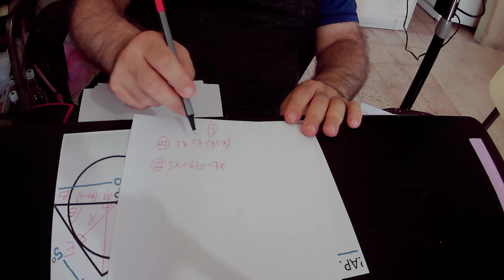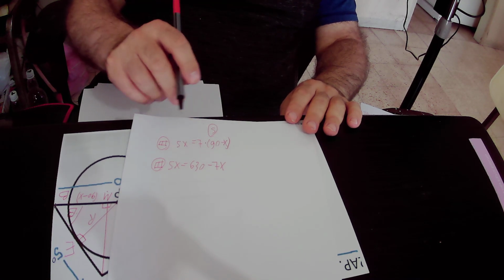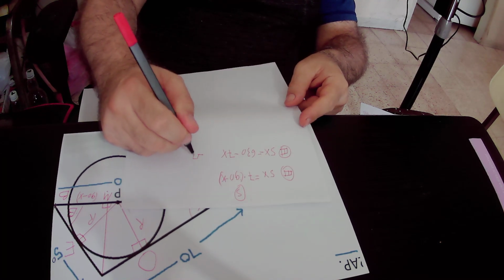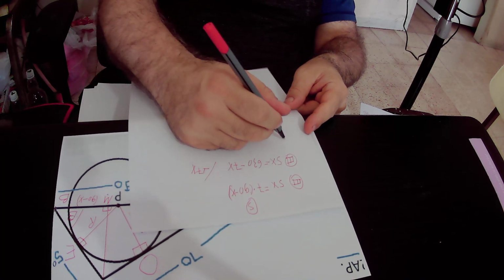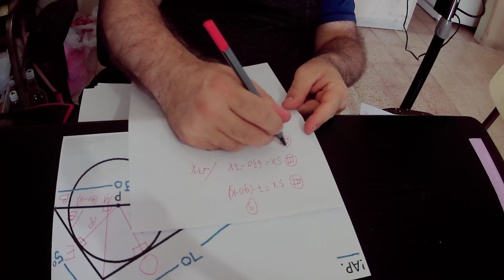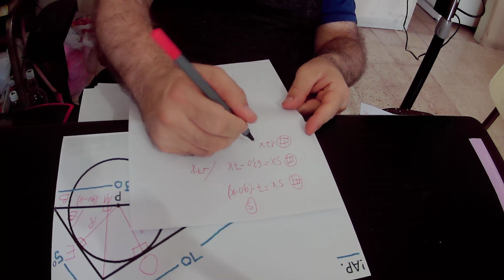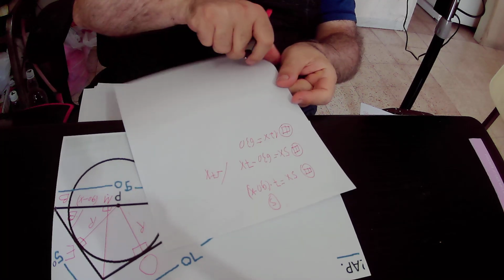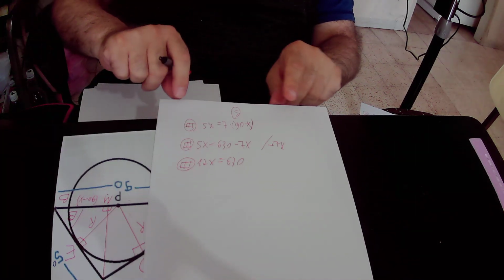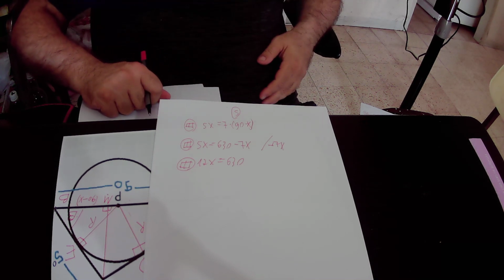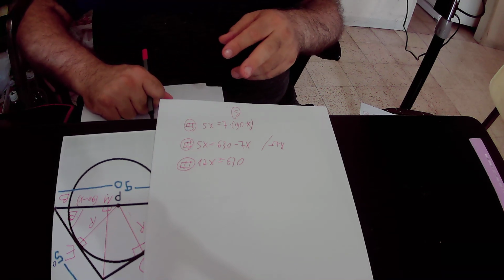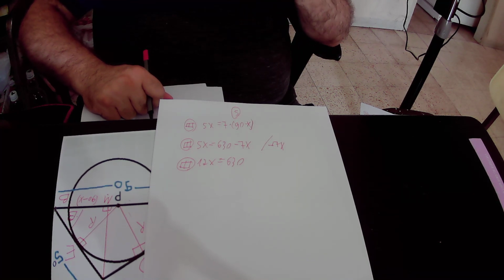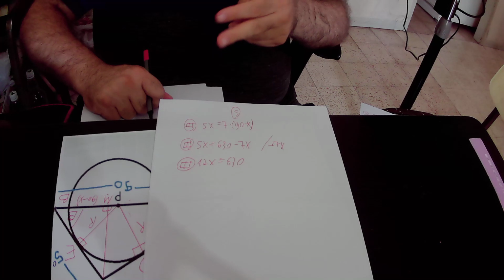Now we will add 7x to both sides of the equation. So we added 7x to both sides of the equation. 630 minus 7x plus 7x equals 630, and 5x plus 7x equals 12x.